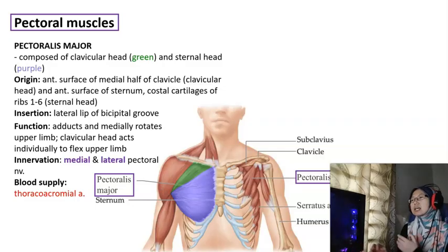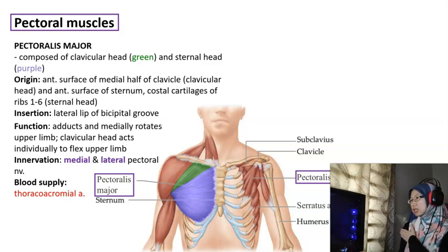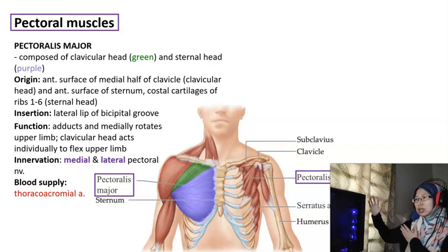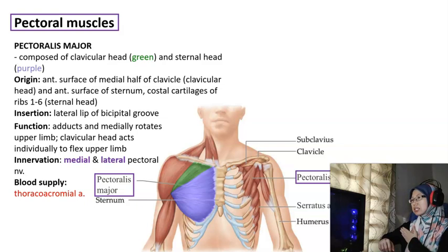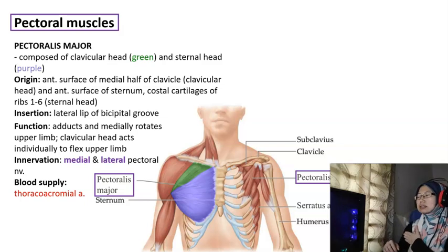Okay, by knowing that the pectoralis major is inserted to the lateral lip of the bicipital groove, you can immediately imagine that when the muscle contracts, it will medially rotate. And also, when your hand is in abduction, the pectoralis major assists in adducting your upper limb and internally or medially rotating it.